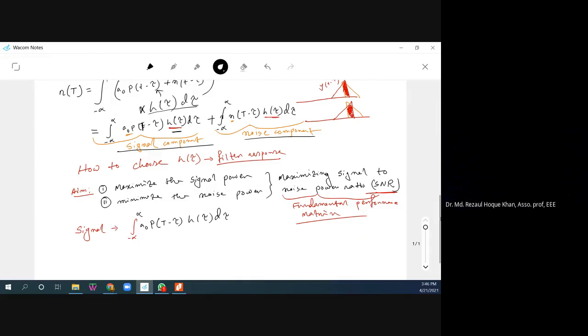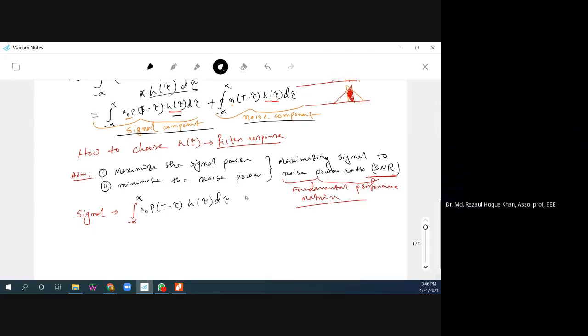So the signal power. If this is the signal, then the signal power will be the expected value of the square. So minus infinity to plus infinity, the integral of p(t minus tau) h(tau) d tau. This signal may contain a complex, real or imaginary, both parts.